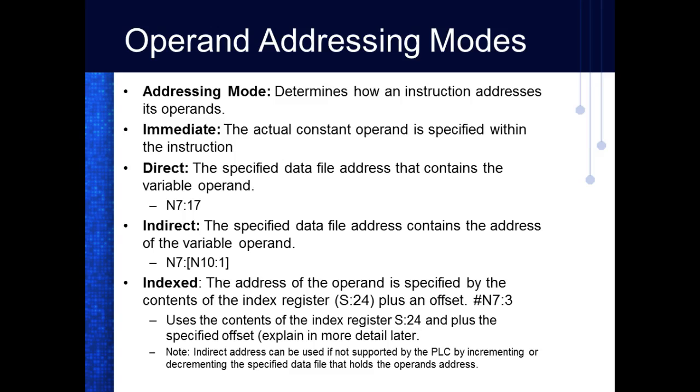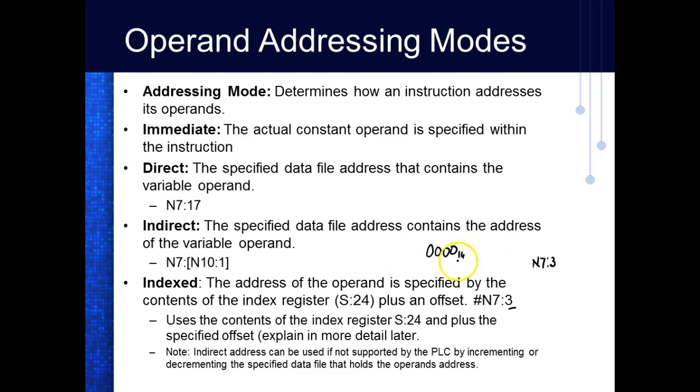That makes sense? So if the index register, which is a 16-bit register, so we can put anything from 0 to 65,535 in there, right? So if the index register contains, I'll do it in hex. If the index register is saying 0, then this right here would be this plus this, so it would be the actual address of N7:3.